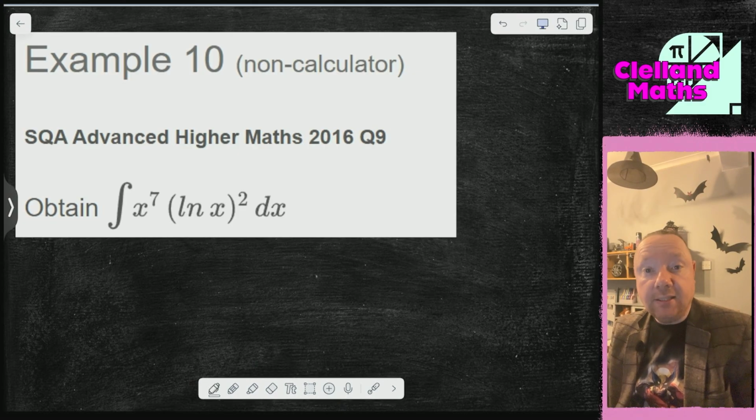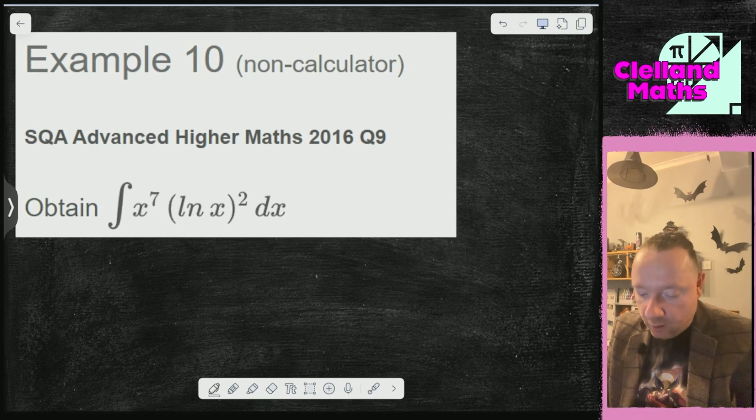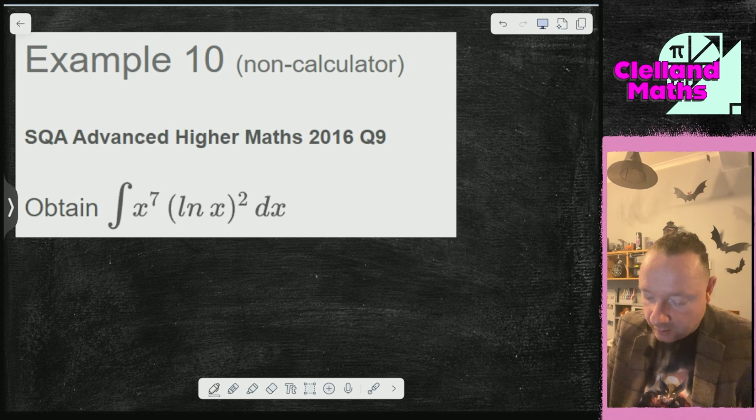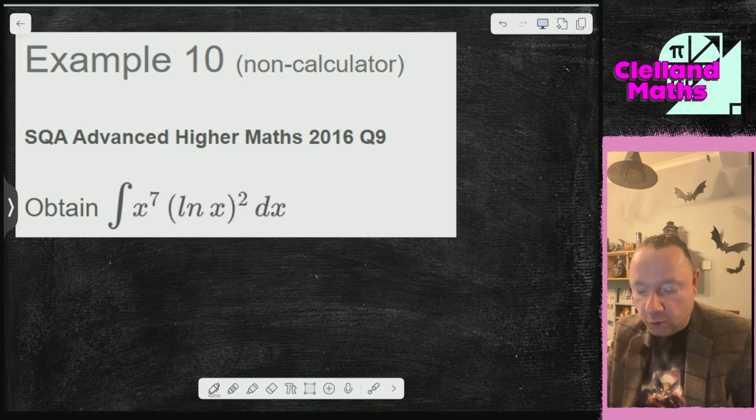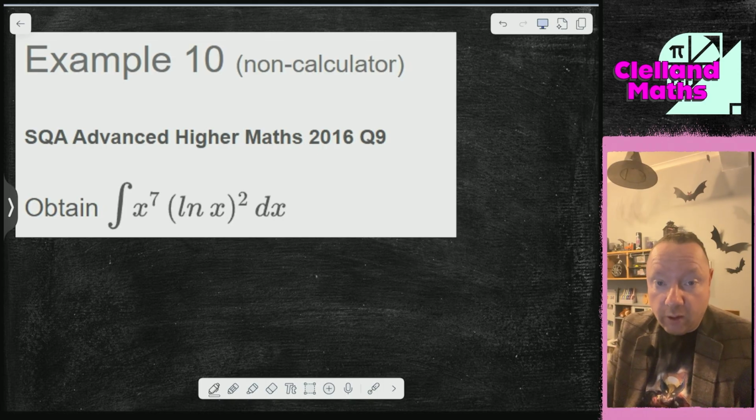Example 10. SQA Advanced Higher Maths 2016, question 9. Obtain the integral of x to the 7 log x squared. So, integration by parts. I don't want, as uv dash, remember, I don't want u to be x to the 7 because I don't understand how to integrate log of x squared, never mind log x.